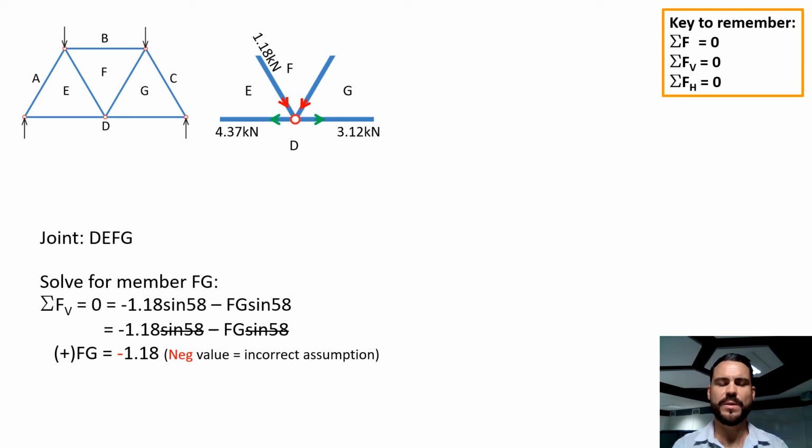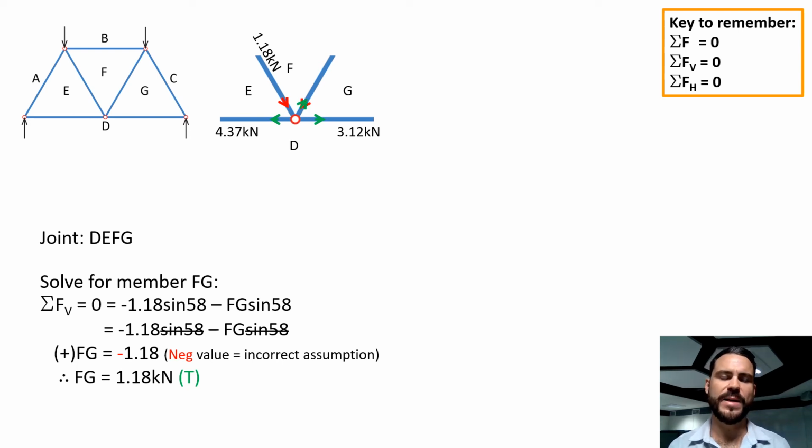And if we then look at that, that's saying positive FG equals negative 1.18. So a negative value actually indicates that that initial assumption or prediction of compression is incorrect. Okay, it doesn't mean that I'm incorrect. It just means that my initial prediction was incorrect. Therefore, FG is actually that value, that magnitude of 1.18, but it's actually in tension.